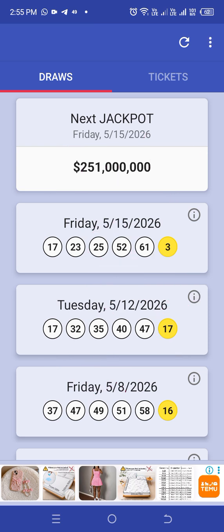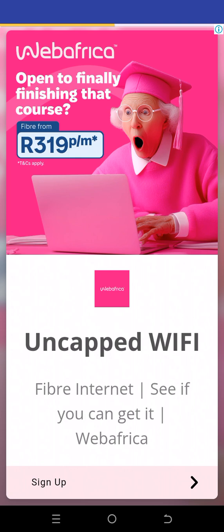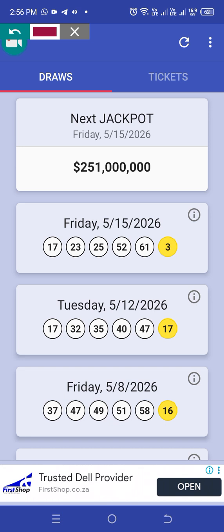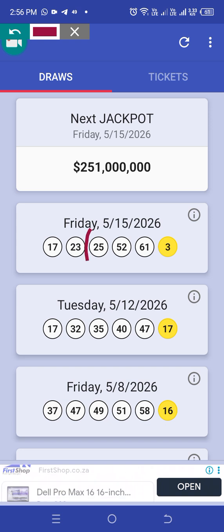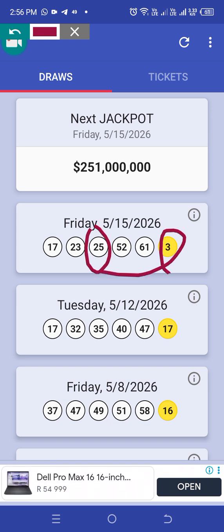So now they play the 25. Now since they played the 25, meaning that the next draw they should use a 3 as well, because 25 and the 3 still make a 28, meaning that 28 worked.